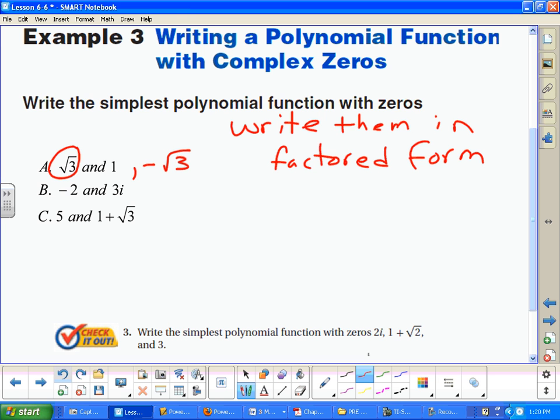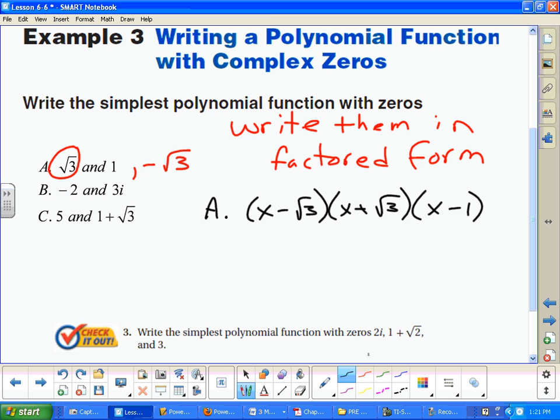So when I write this in factored form then, we have x minus the square root of 3 for the positive one, x plus the square root of 3 for the negative one, and then x minus 1.